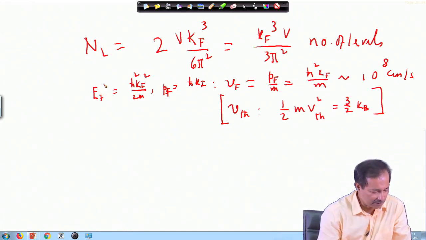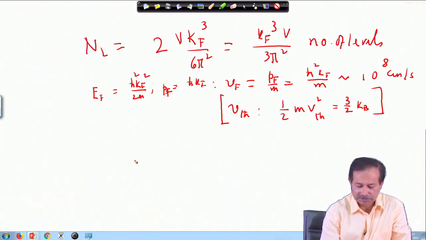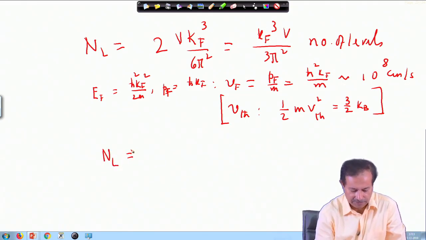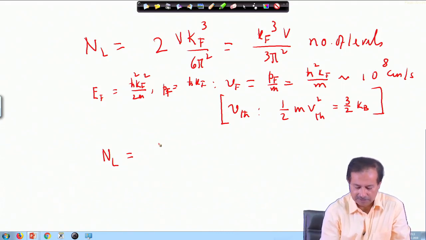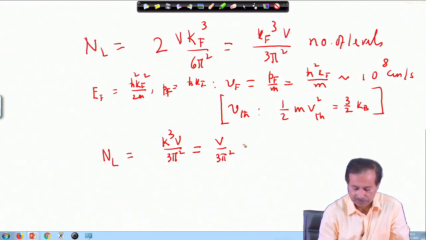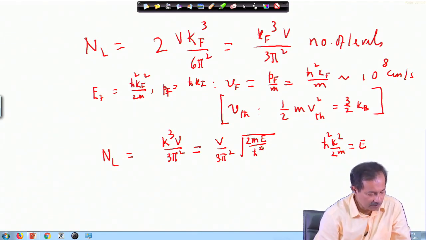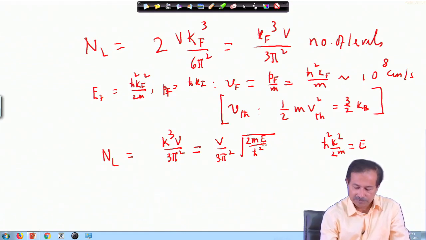Okay, so let me just calculate something that is very useful. Now, since within a volume, within a radius of k, in a sphere of radius k, there are k cube V by 3 pi square number of states, I can write this as V by 3 pi square into k, where we know that h cross square k square by twice m equal to E. So, k is basically 2 m E by h cross square to the power 1/2.